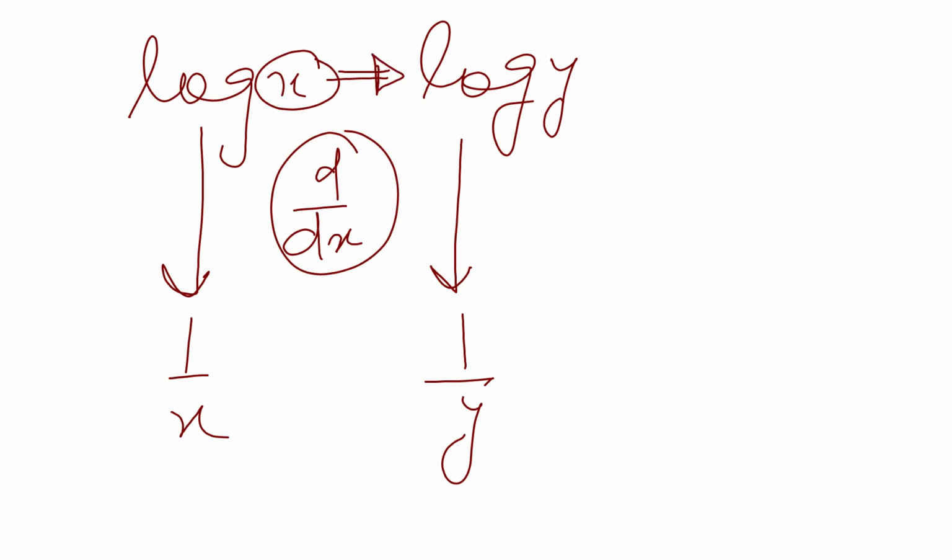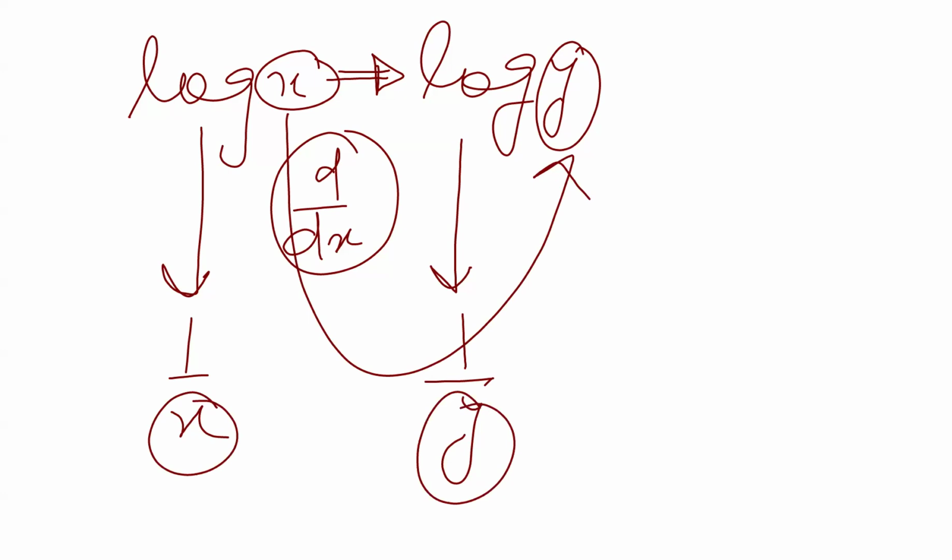X is getting replaced with y. Here also x is getting replaced with y. Okay. So I'll just write d by dx of y into d by dx of y. This is due to chain rule.